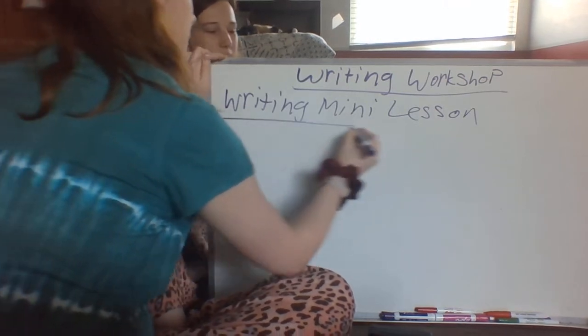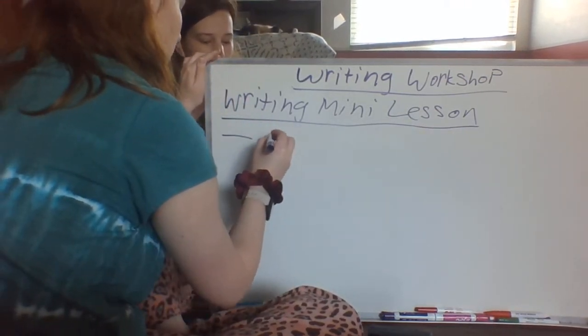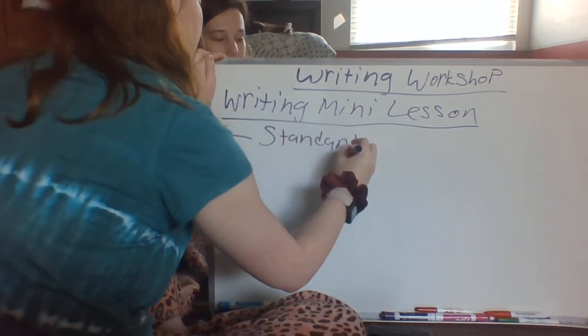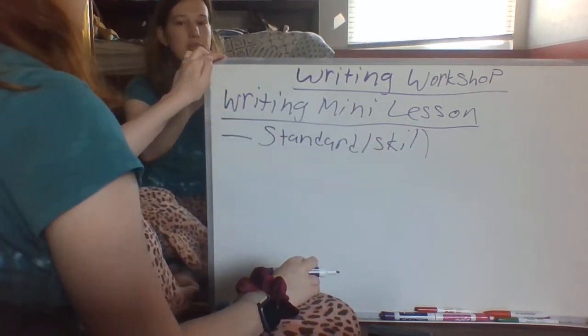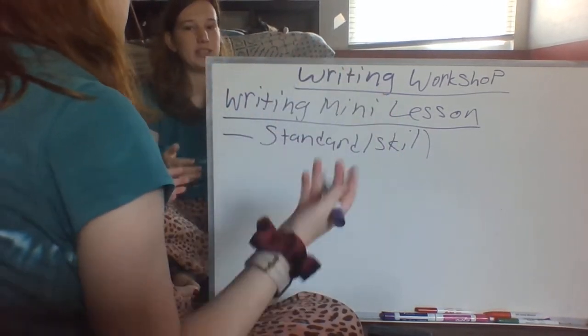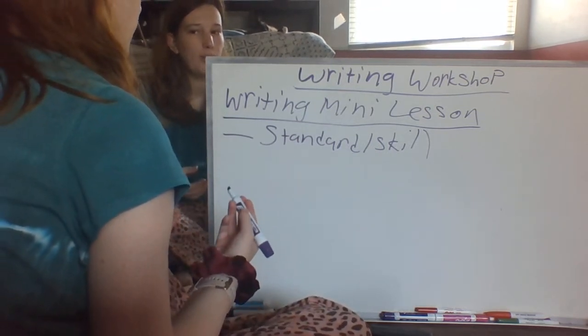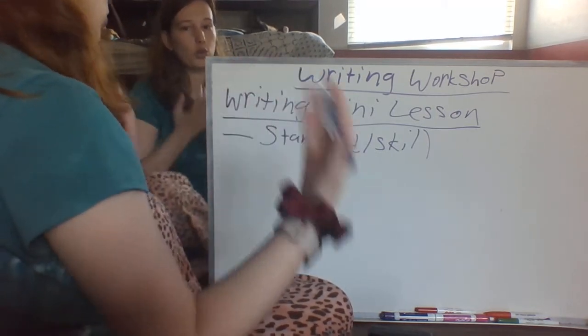So in a writing mini lesson, at least in my writing mini lesson, one, I want to make sure that I picked a standard or a skill that I want the students to be focusing on for that day. So this might be a standard on punctuation or grammar or learning about dialogue.